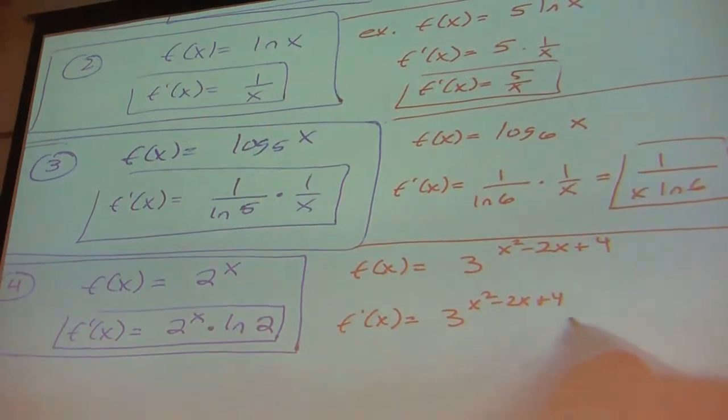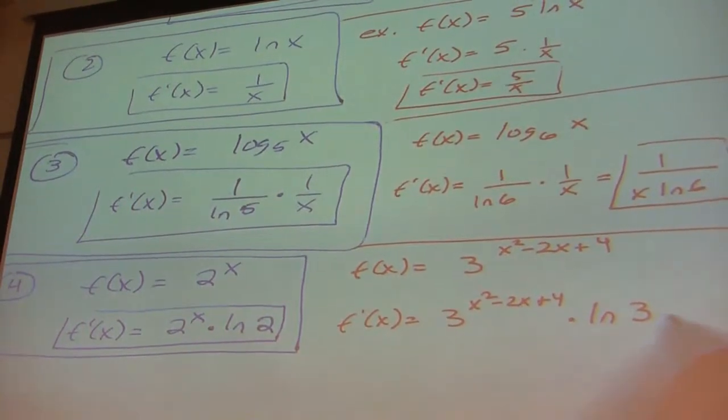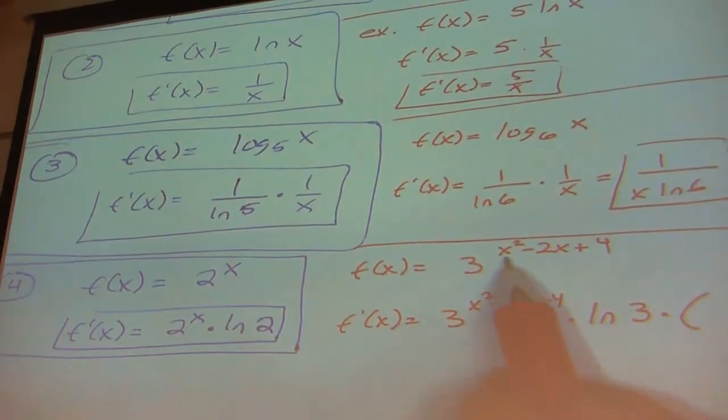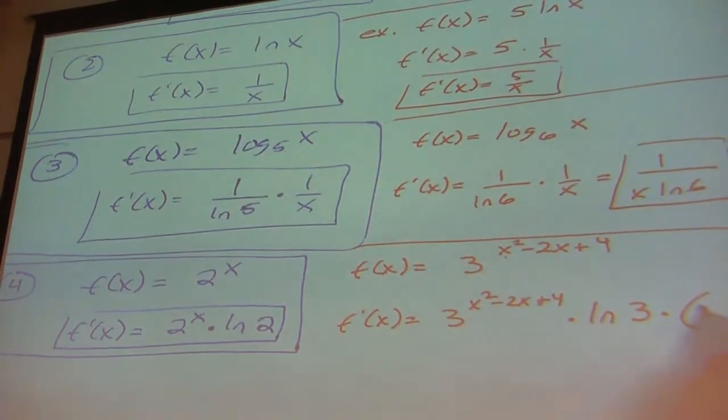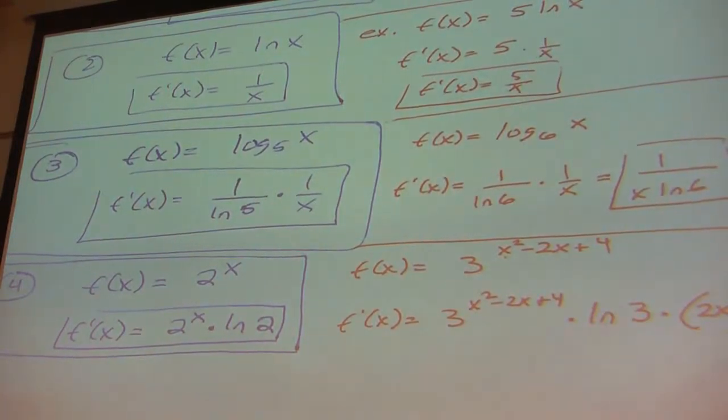Step 2, times ln of the base, which is what we did last time. But the part they didn't talk about, because the derivative is 1, is step 3. Step 3 is the derivative of the exponent. What's the derivative of x squared? 2x. And what's the derivative of minus 2x? Minus 2. And the derivative of 4? 0. That would be the answer.